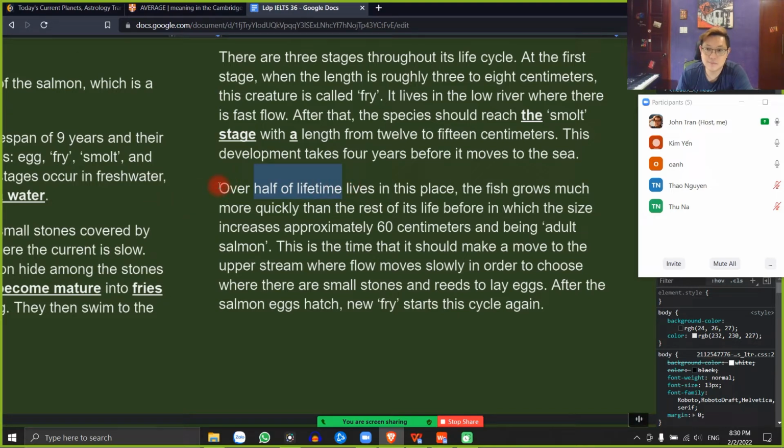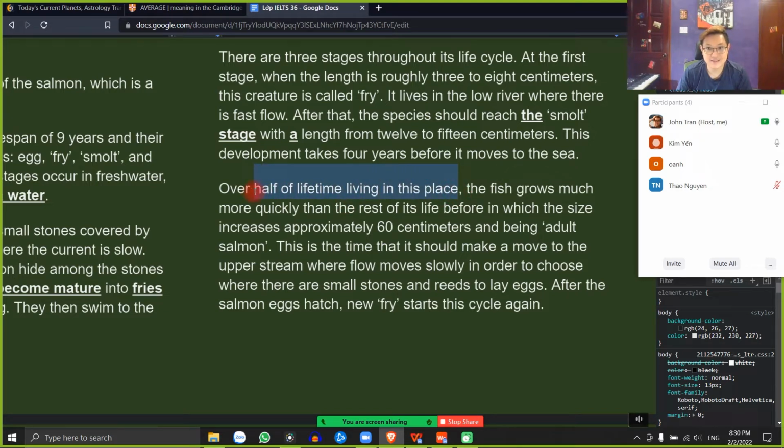Các bạn nhớ không, cái vụ mà mở đầu bằng một cái preposition, một cái giới từ như thế này, thì cái cục này nó sẽ không thể được dùng như chủ ngữ được nha. Cho nên cái này nó phải là một phần của mệnh đề quan hệ rút gọn. When this one is a preposition, you cannot use this one like a subject. So you cannot use live as a main verb, you know. You have to put living: over half of a lifetime living in this place.